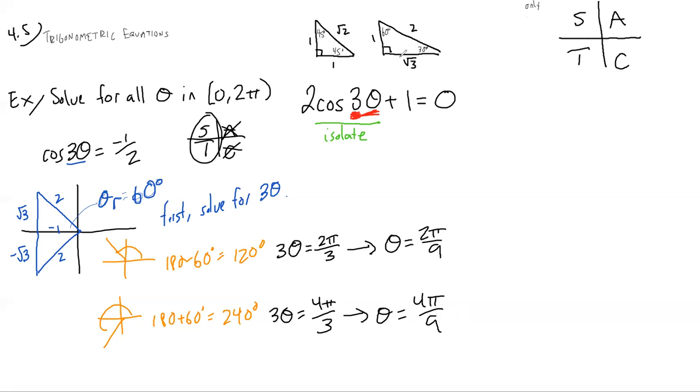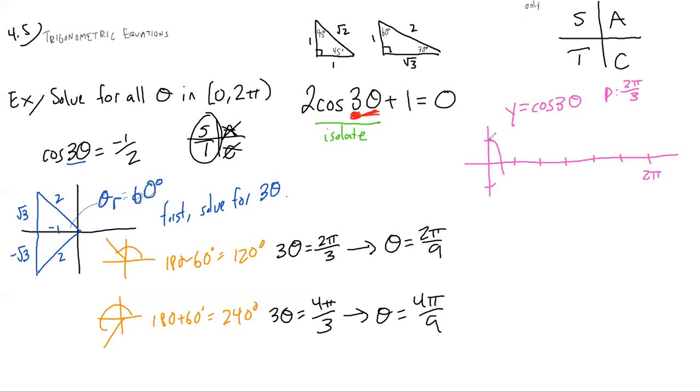If we were to investigate the graph of cos 3 theta, if you remember what that's going to do, it's going to squish our period down. So our period is going to be 2 pi over 3. If I'm doing an entire graph from 0 to 2 pi, there's going to be 3 periods in this graph.